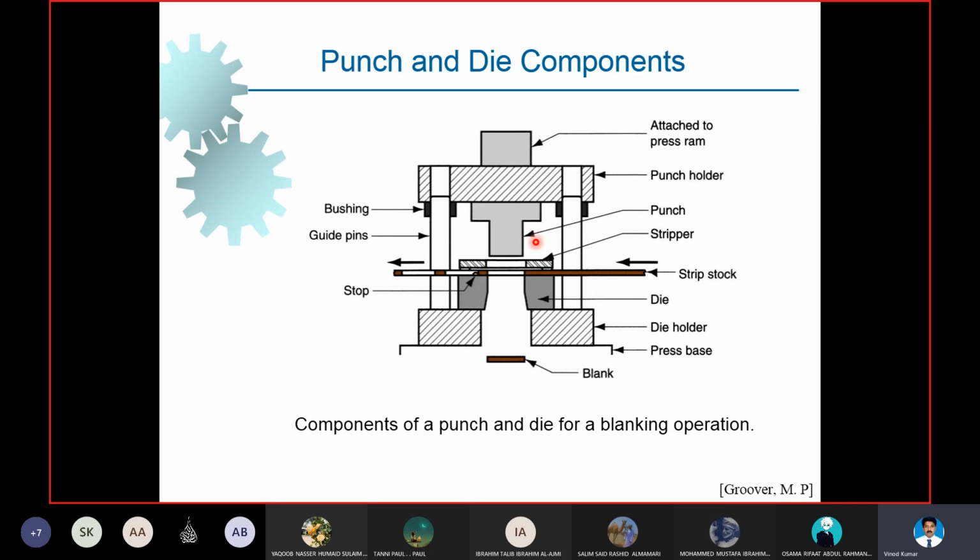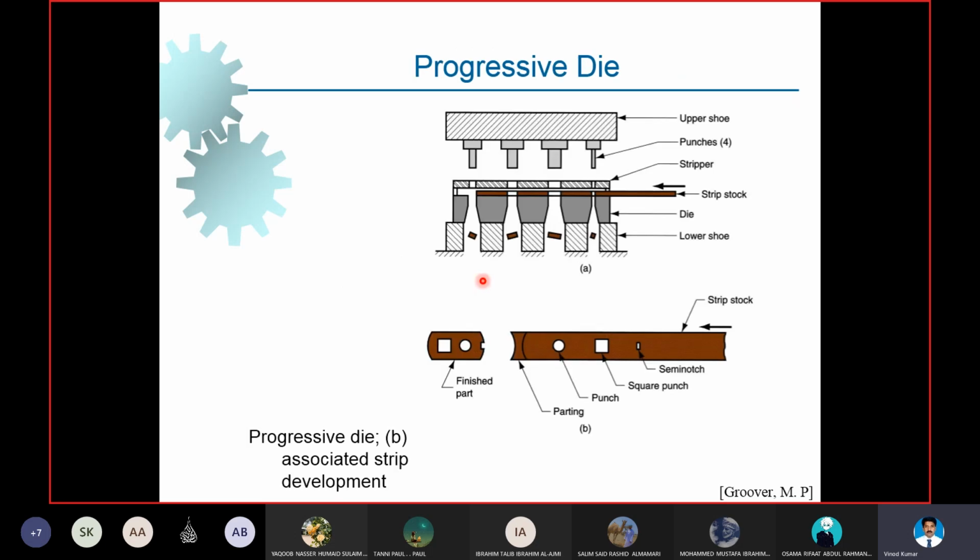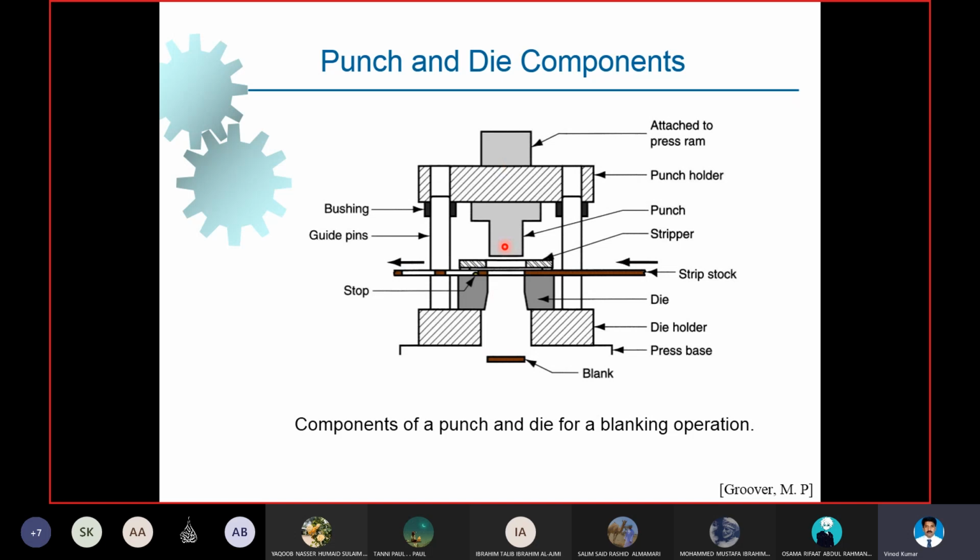Once the process is over, the material is moved from right to left and the operation continues. This is a single punch and die operation, but each time the material needs to be moved from right to left.